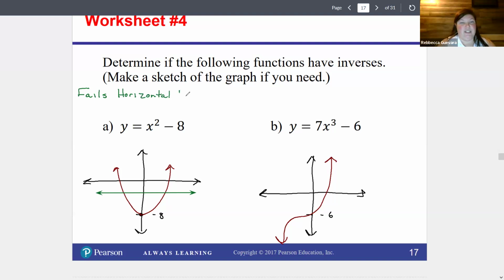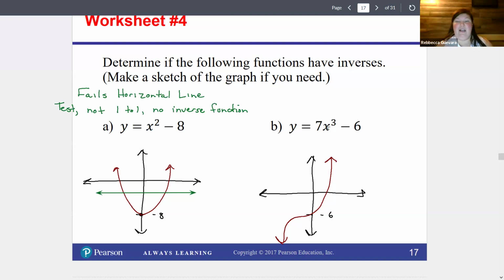Fails horizontal line test. Not 1-to-1. And we have no inverse function. We have an inverse relation, but not an inverse function. At least not yet. We'll have a way to make those eventually.